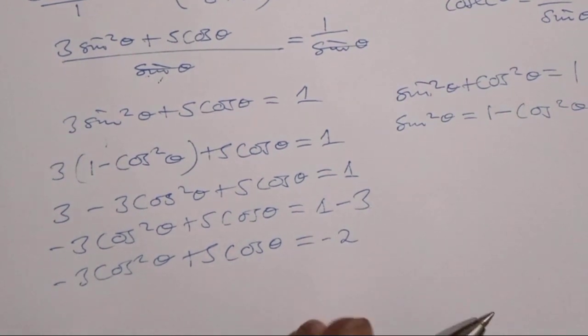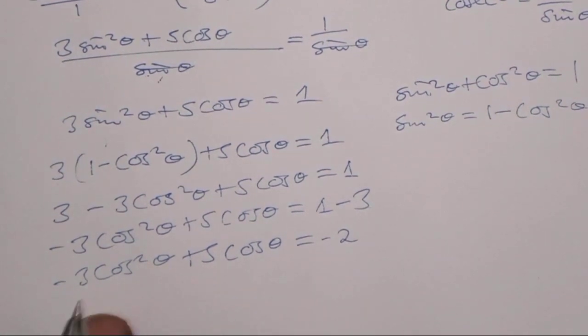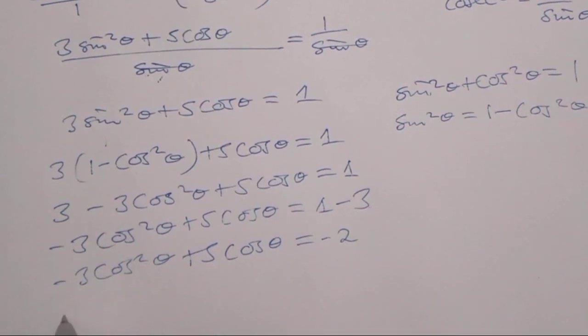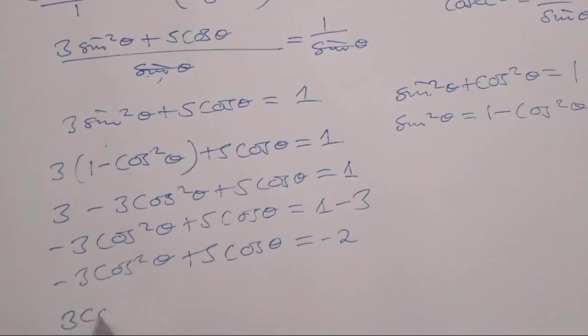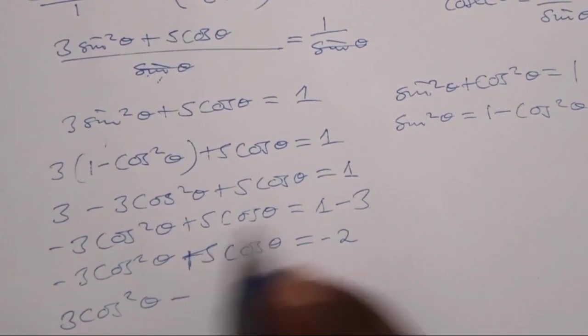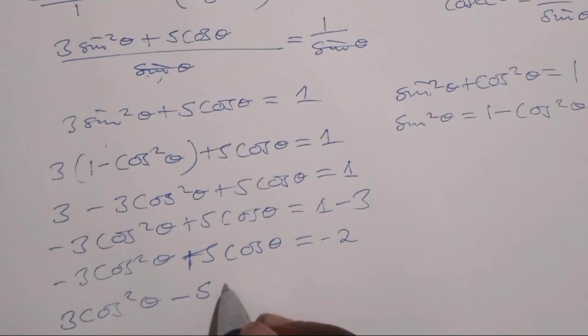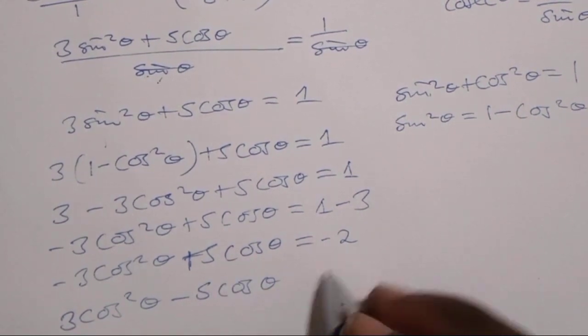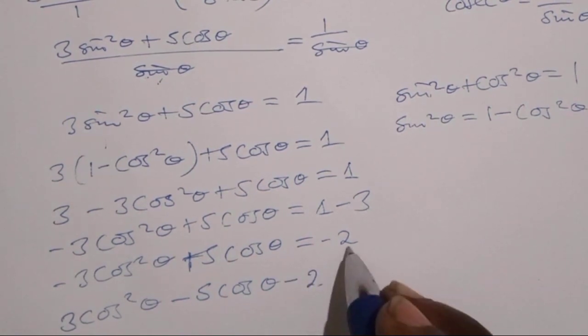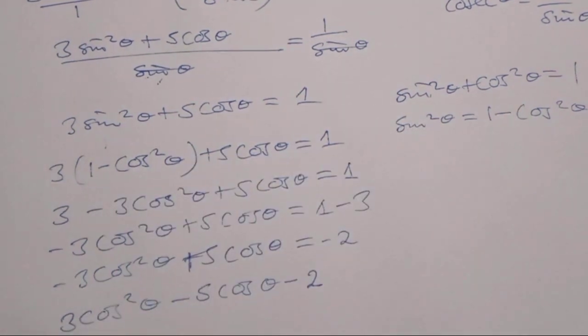So we have to take all the terms to this side, in which this one will be positive. So it will be 3 cos squared theta minus, when positive 5 crosses the equal sign, it will be minus 5 cos theta, then minus 2, because this 2 didn't cross any equal sign.